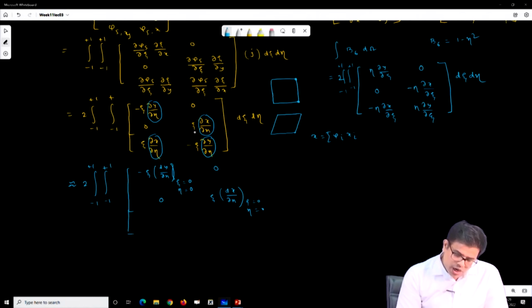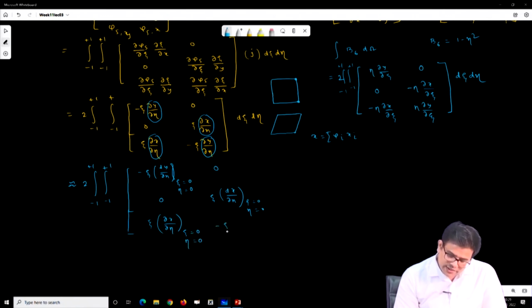So now xi dou x, or del x, whatever you call it, at xi equals to 0, eta equals to 0. Then minus xi dou y by dou eta at xi equals to 0, eta equals to 0.